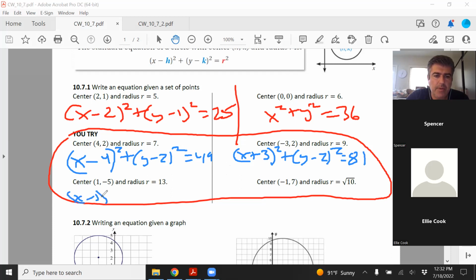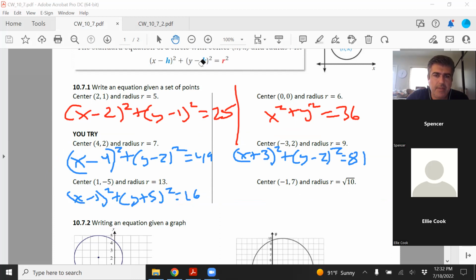X minus 1 squared plus y plus 5 squared equals 169. And then x plus 1 squared plus y minus 7 squared, and if you square root 100, it becomes 10. So any questions on those?